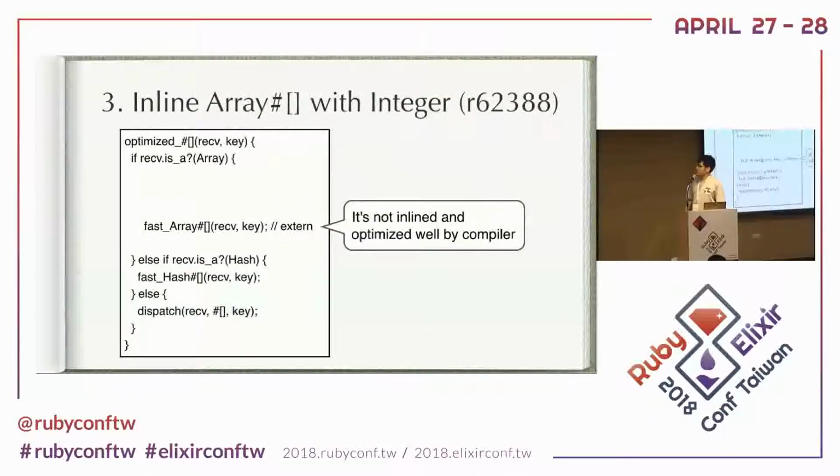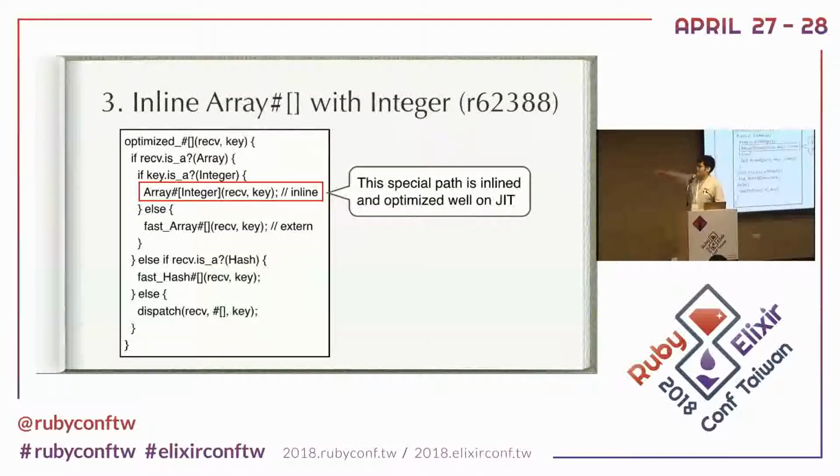And another thing related to that: the array method was actually an external function. External function means the definition can't be seen by the compiler. So I added another branch for the key argument.